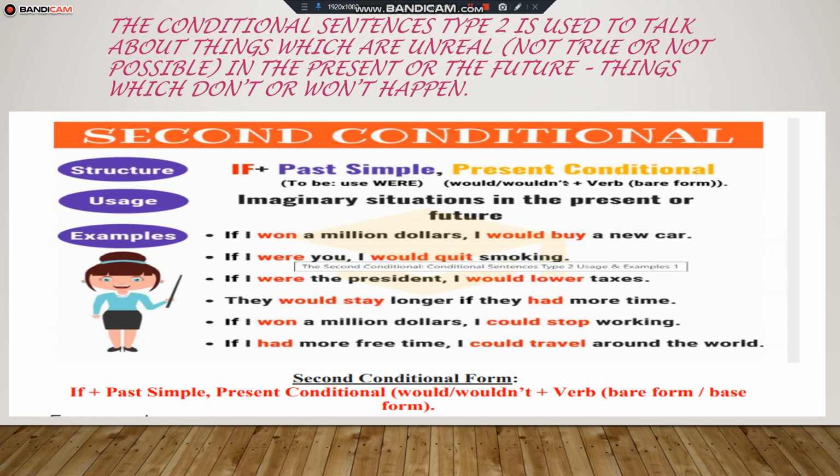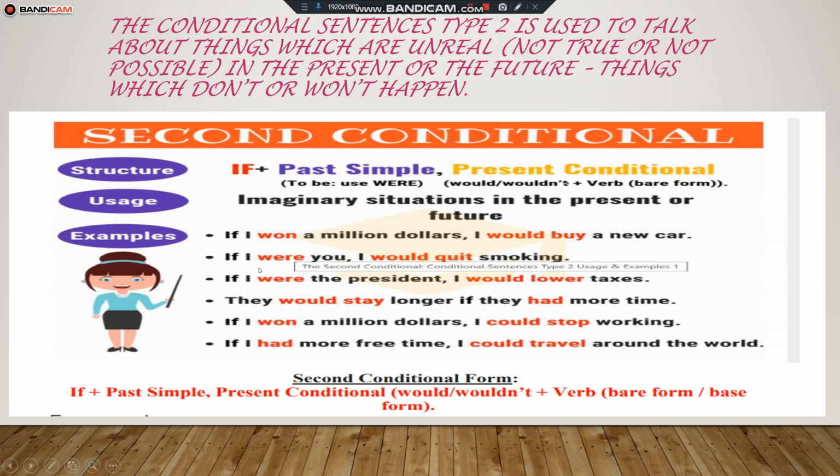Okay guys. Now guys, as I told you, if plus past simple is the if clause section, and the main clause section is subject plus would or wouldn't plus the base form of a verb, meaning فعل مجرد. Okay.